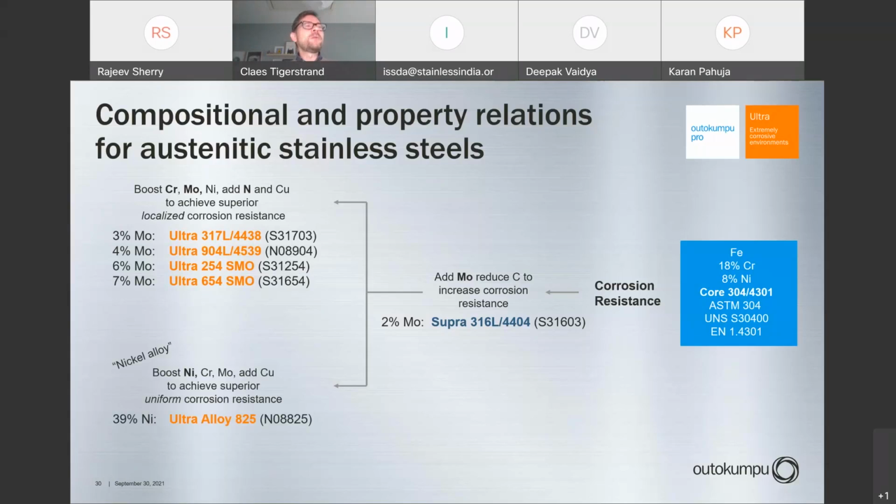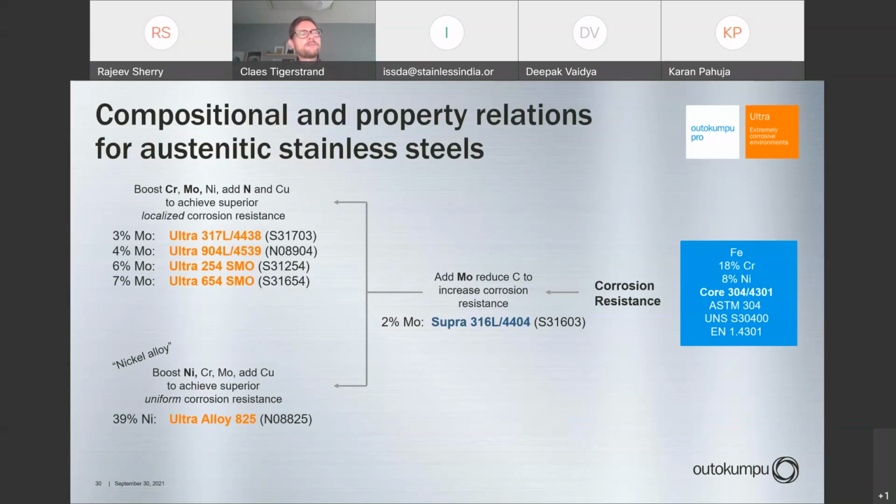Another way, instead of adding chromium and molybdenum, is to add more nickel. And then we actually enter into the nickel alloys, where you have more nickel than iron. So you boost the nickel. And here we can offer a nickel alloy, the one with 39% nickel, a common alloy called alloy 825. So that is also in our product portfolio.